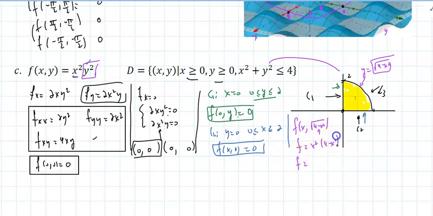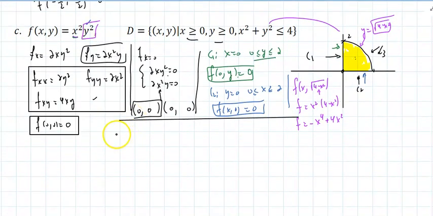So f will equal negative x to the fourth plus 4x squared. Now, this is in terms of one unknown. And what I'm going to do, I'm going to take a derivative of that. I'll take a derivative of f.